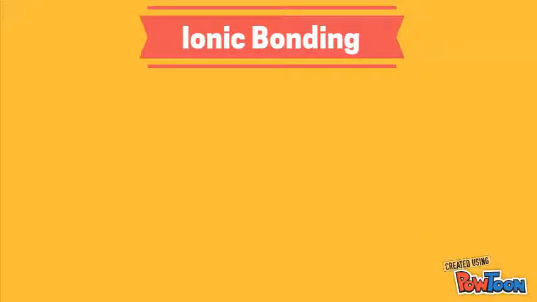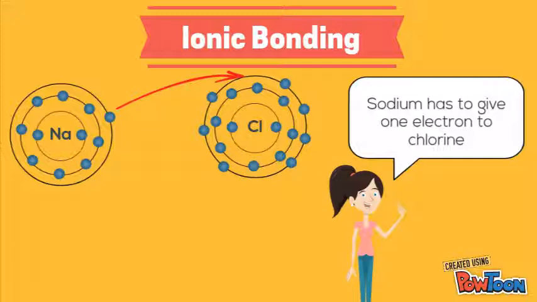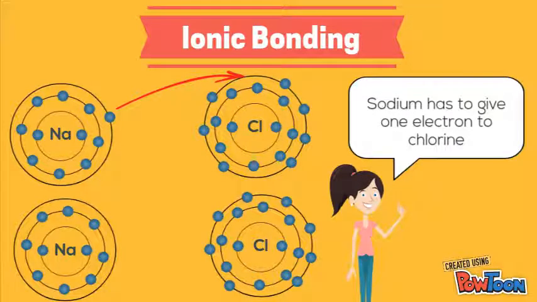So, to do this bonding, sodium has to give 1 electron to chlorine, and so now chlorine has 8 valence electrons. Sodium can get rid of the third empty energy level and will be left with 8 new valence electrons from the second energy level that it has.